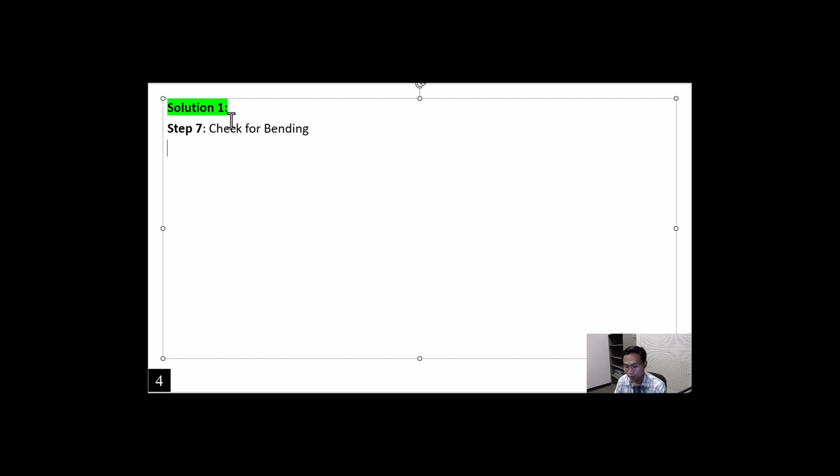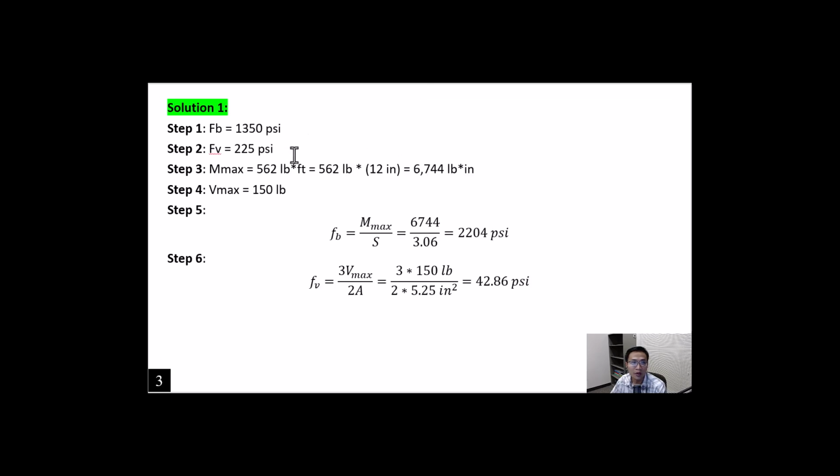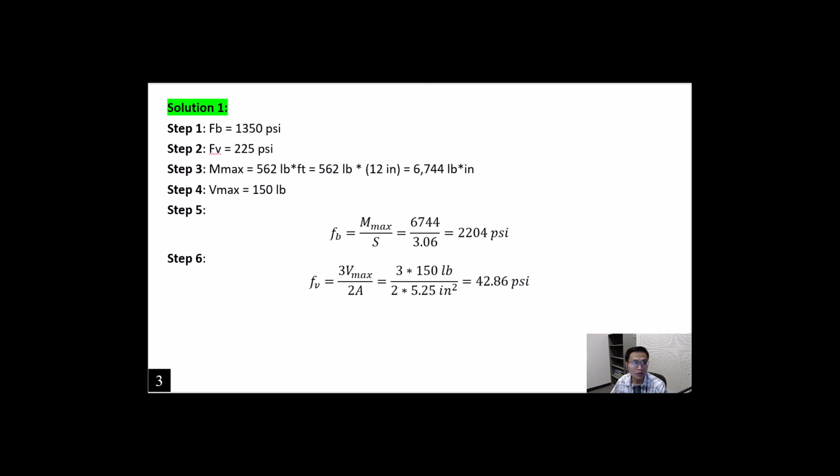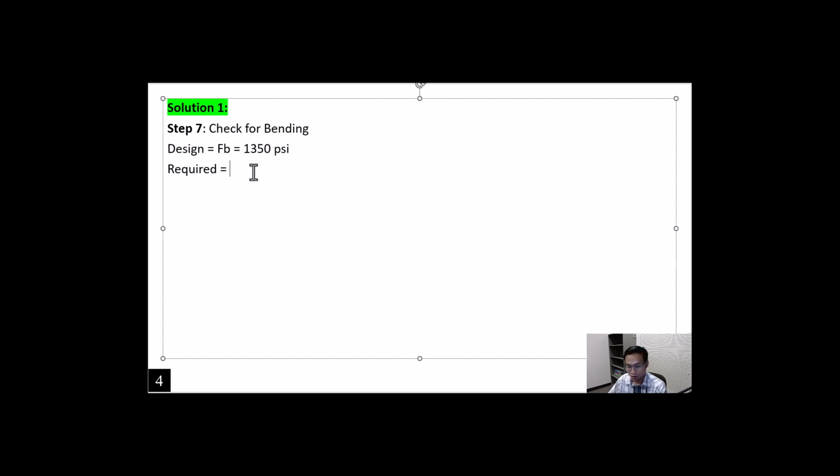So we have design value will equal to FB here, and the required value will equal to small fb multiplied by FOS.